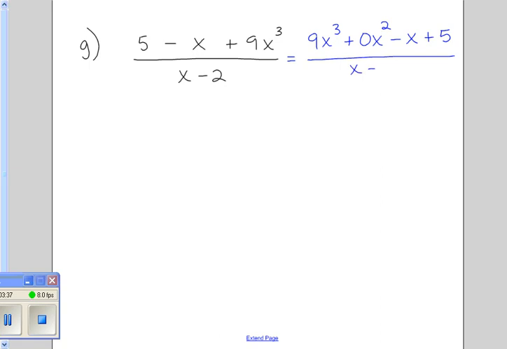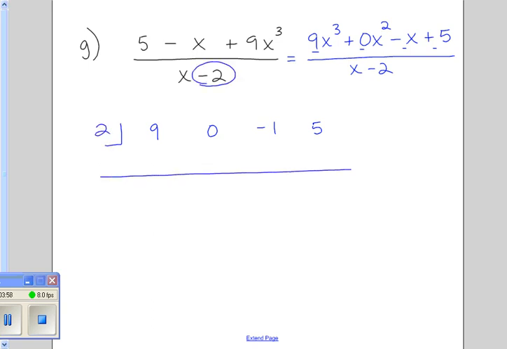So you always want that numerator, the top polynomial, to be in descending order. So then I would list 9, 0, negative 1, and 5, those being my coefficients. And we're dividing by x minus 2, so I change it to a positive 2.